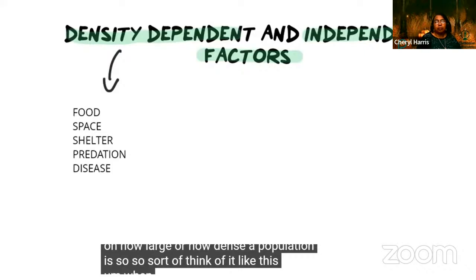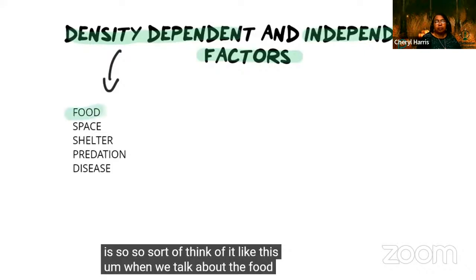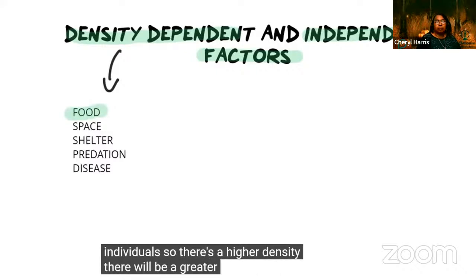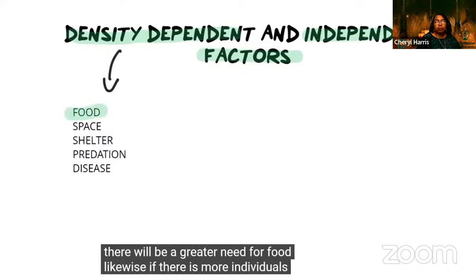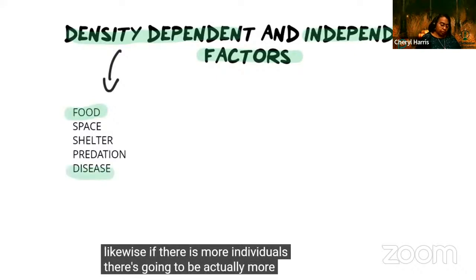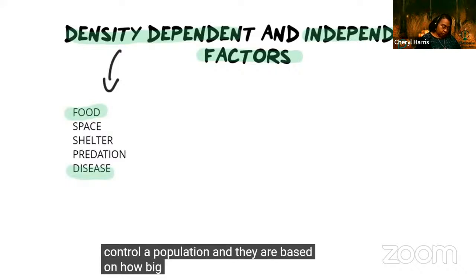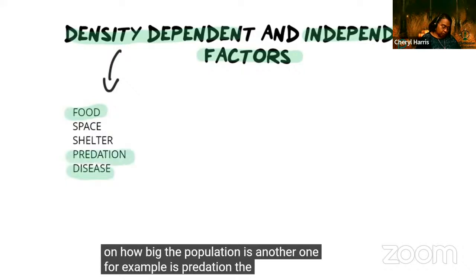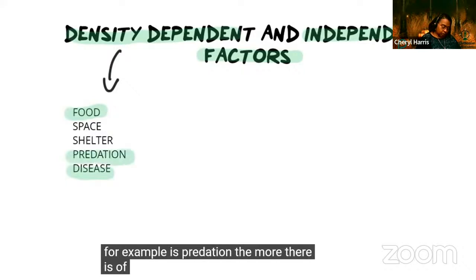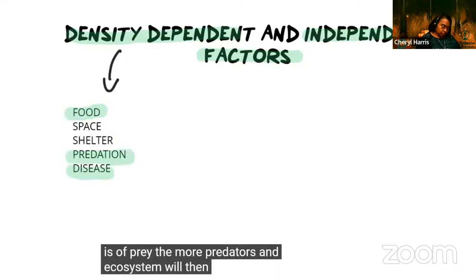When we talk about the food dependency, if there are more individuals, so there's a higher density, there will be a greater need for food. Likewise, if there are more individuals, there's going to be more disease. So these are the factors that control a population, and they are based on how big the population is. Another one, for example, is predation. The more prey there is, the more predators an ecosystem will provide to maintain the population numbers.